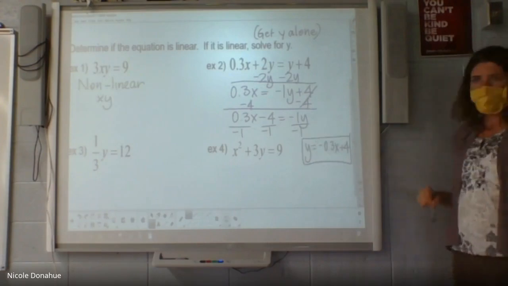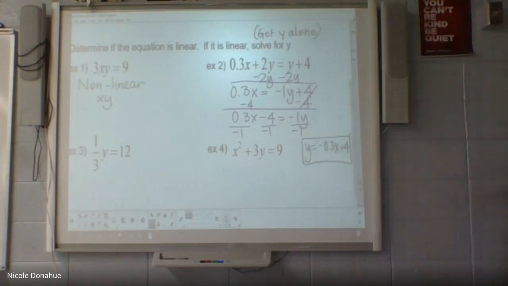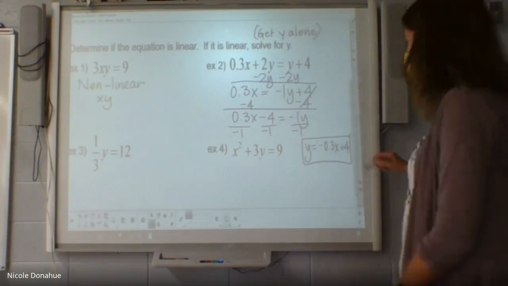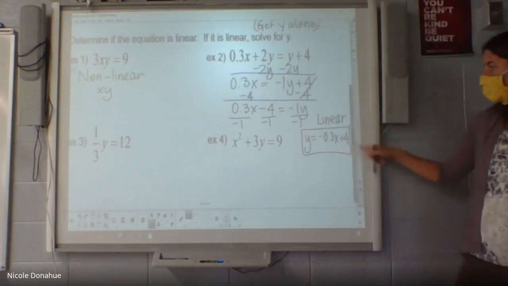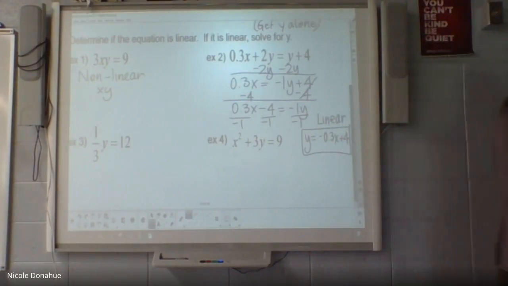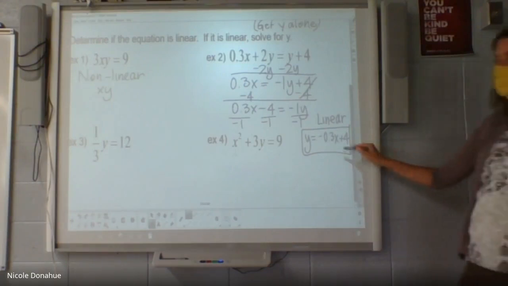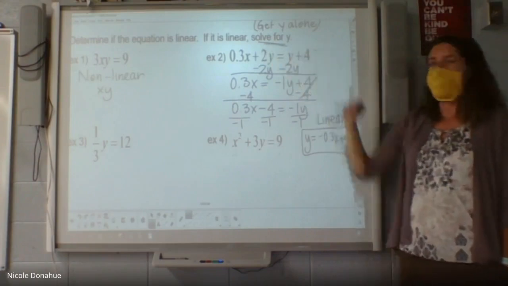So x is not in the denominator, x is not being multiplied to y, x is not underneath the square root, and x doesn't have an exponent. So this one is linear. That's an equation we would know what to work with, and you'd be able to graph it. So when I'm asking you to get y alone, this is what I'm asking you to do. Just solve for y.